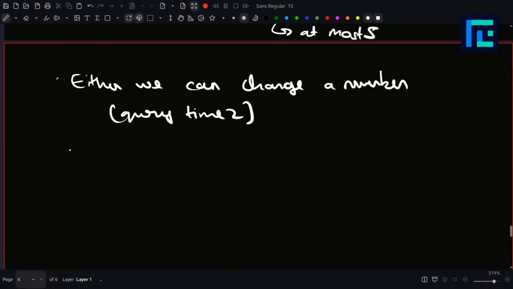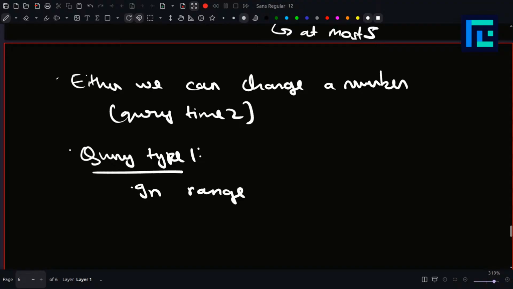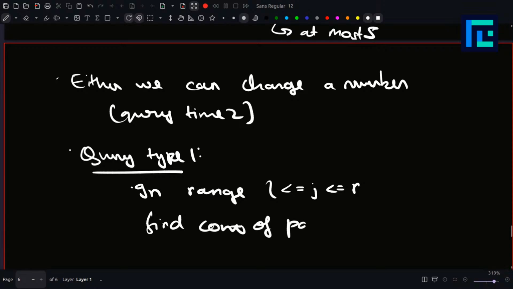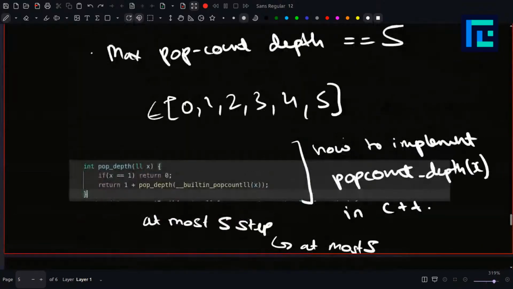And the second part of the question, query type 1, was: in range L to R, with L less than or equal to J less than or equal to R, find the count of J where the pop count depth of J equals K. So you're given L, R, K in the query, and you need to find how many in this range L to R have pop count depth equal to K. So that's our query type 1.